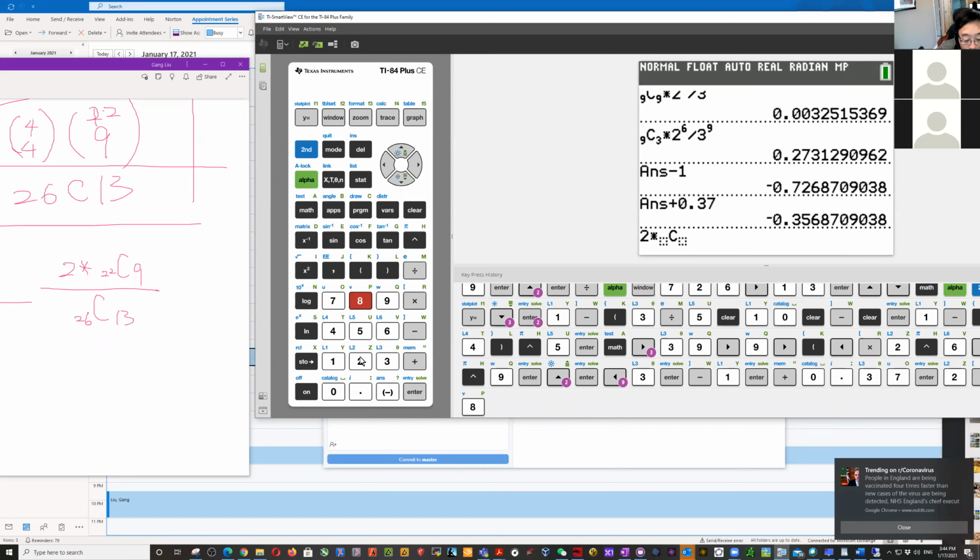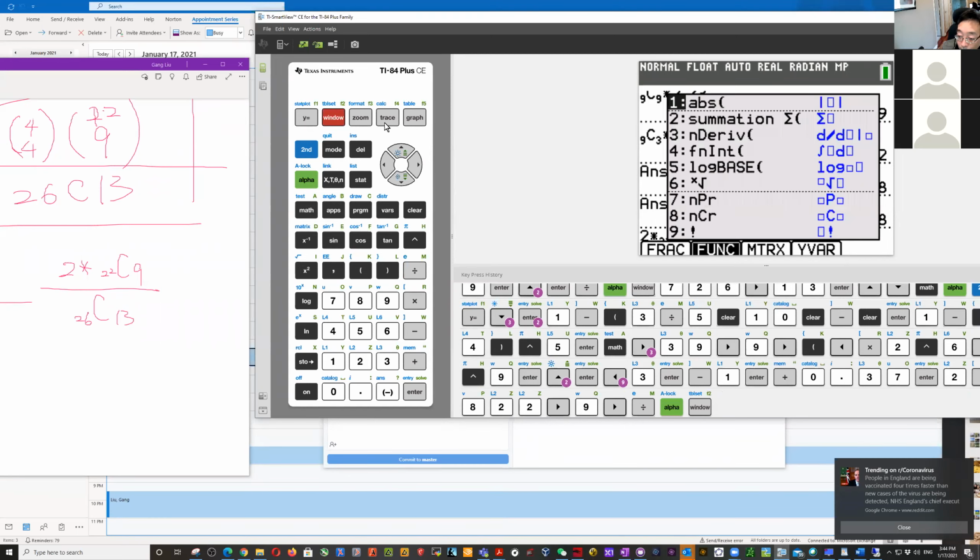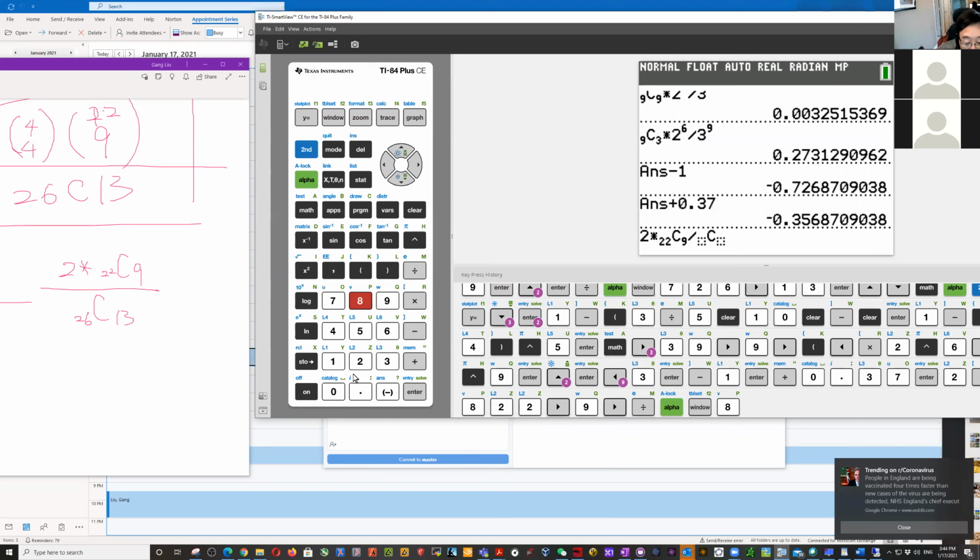And so that's going to be 22 choose 9. And I'm going to divide. So it's multiplied, and then divide by, with alpha, and that's 8, 26 choose 13.